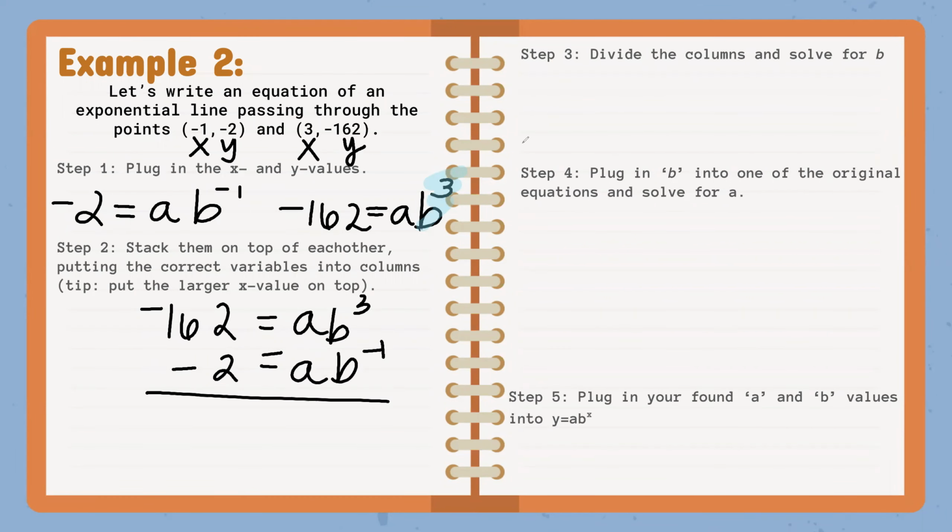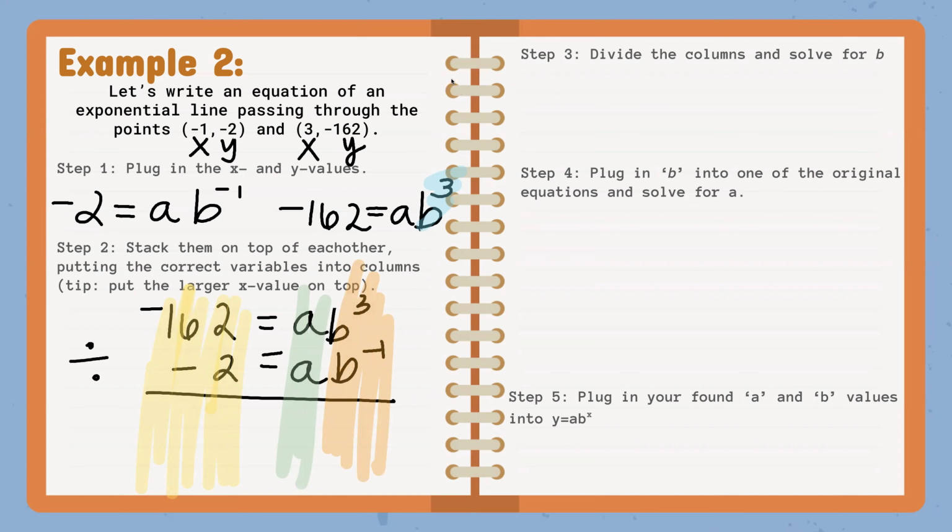And according to my third step, divide the columns out. And so again, let me do a little color coding. We're going to have this side. We are going to have A, and we're going to have a B value.